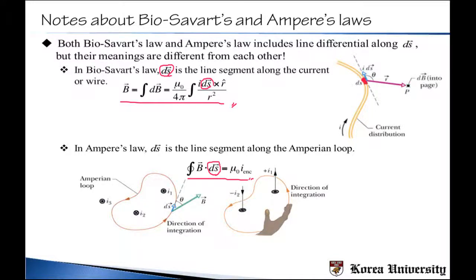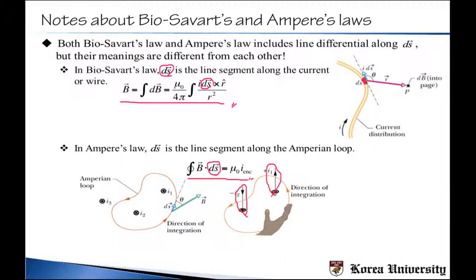But in the case of Ampere's law, this ds does not follow the current, right? Even though you have a current here and there in Ampere's law, never think that ds follows this current. ds in Ampere's law is in fact following the Amperian loop.